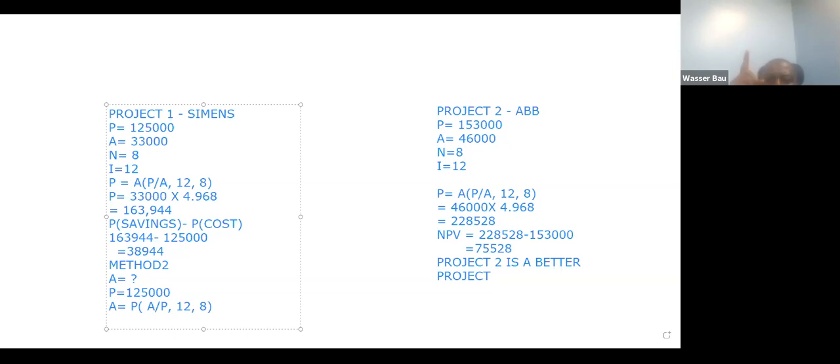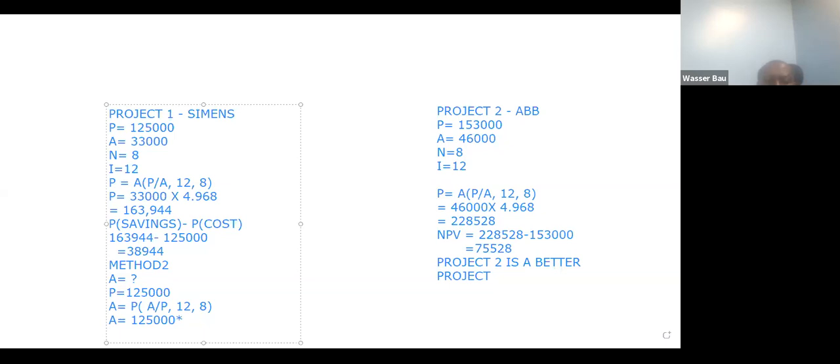Okay, so I'll go to the table. Now, A will be 125,000 multiplied by, this is the best one to use for multiplying. Under 12%, can somebody help me?